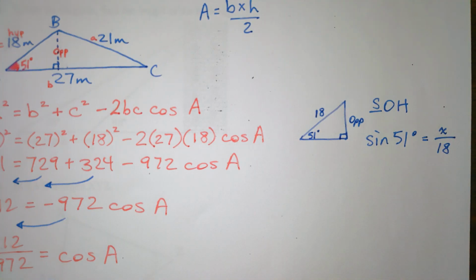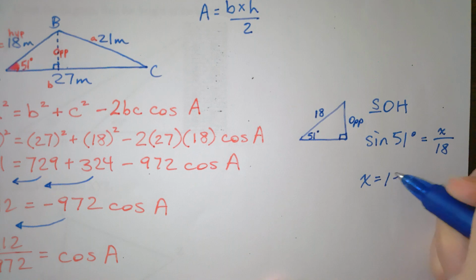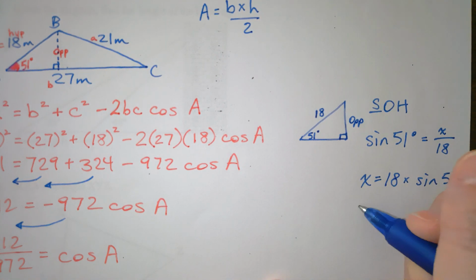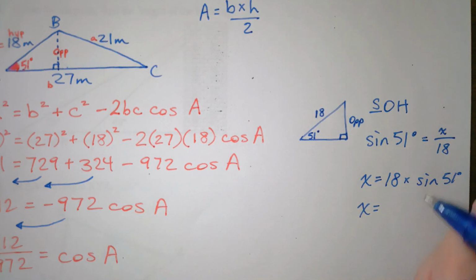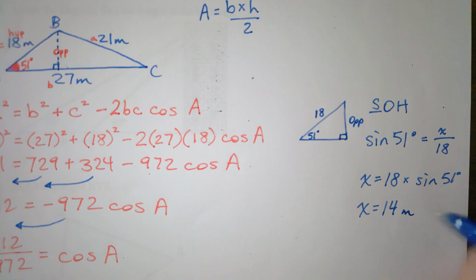The unknown is on the top, so I just simply multiply. So 18 times sine 51 degrees, and I get, we'll round it to 14 meters.